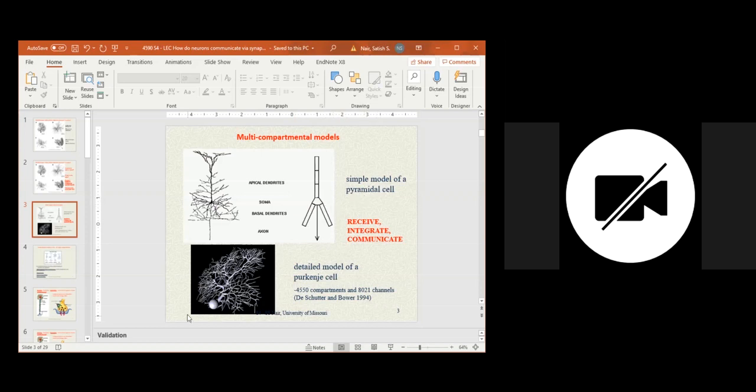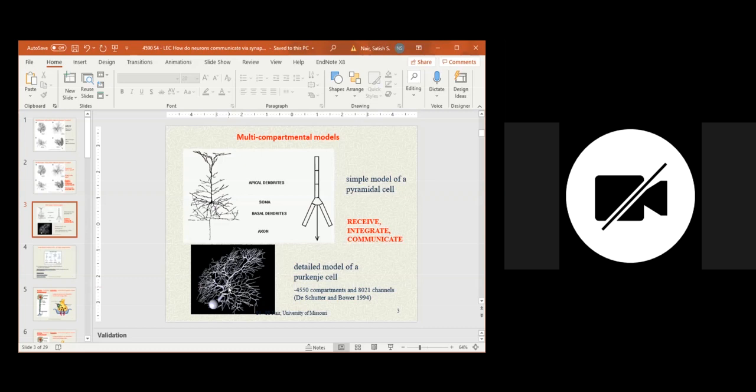You could develop more complicated models like this. This is for a Purkinje cell that has 4,550 compartments, developed in 1994. It has 8,021 channels. So you can develop fairly detailed models. These days, there are models.